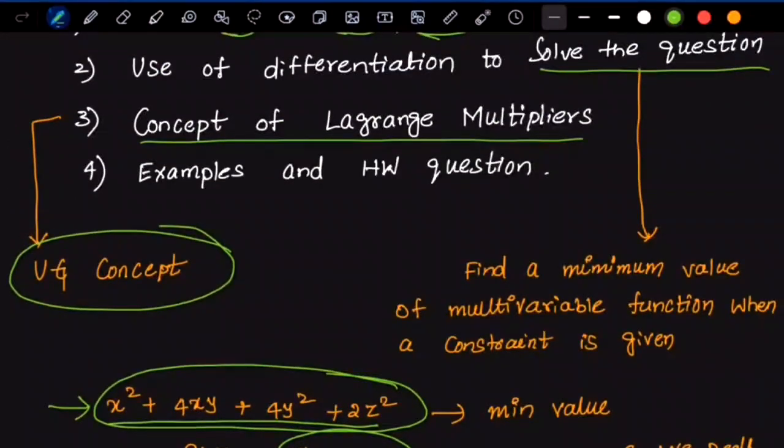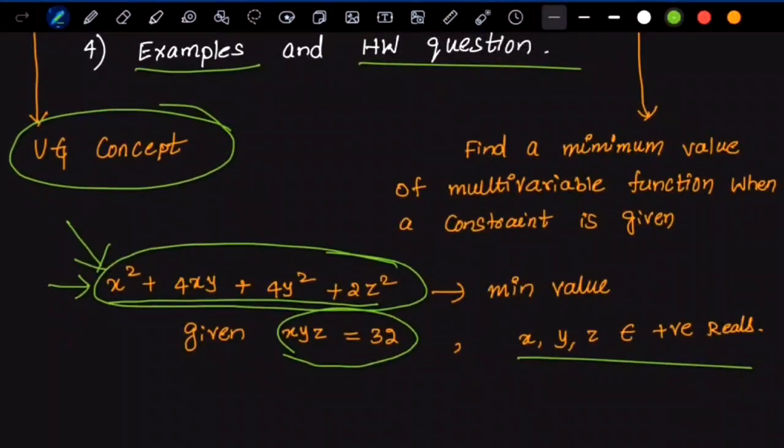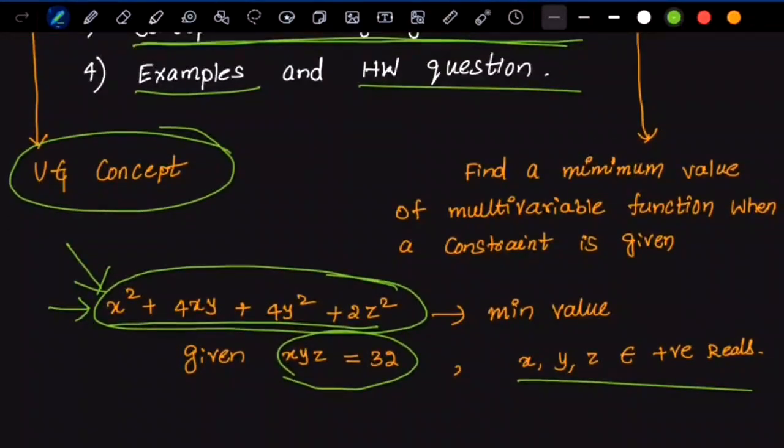You will see how the method is easy to use once we go through this video. And once we are done with solving this particular question using the concept of Lagrange multipliers, we'll solve few more examples and I'll give you a homework question. So this is the agenda for today's video. So let us go ahead and start solving it.